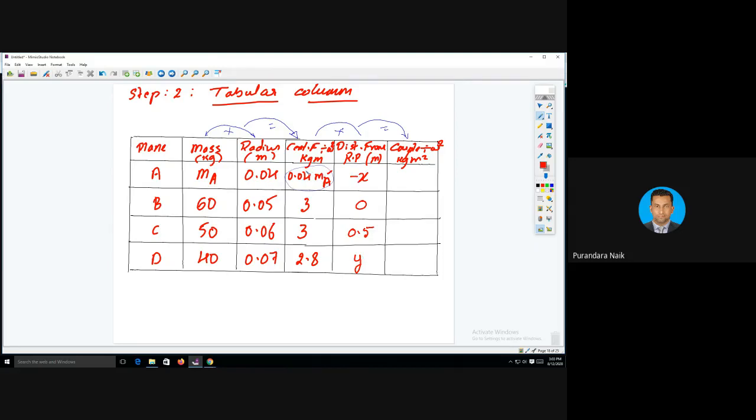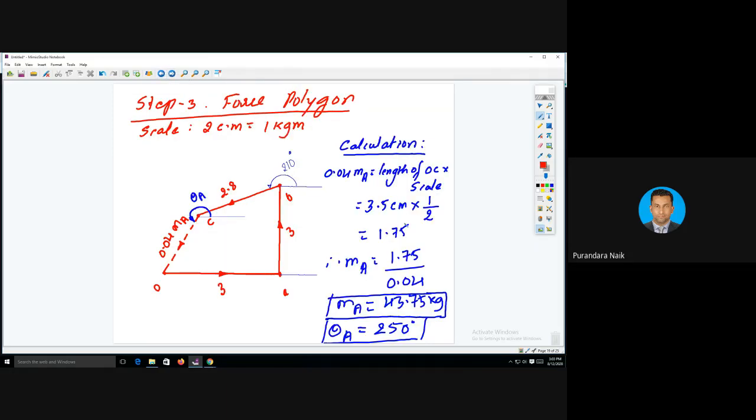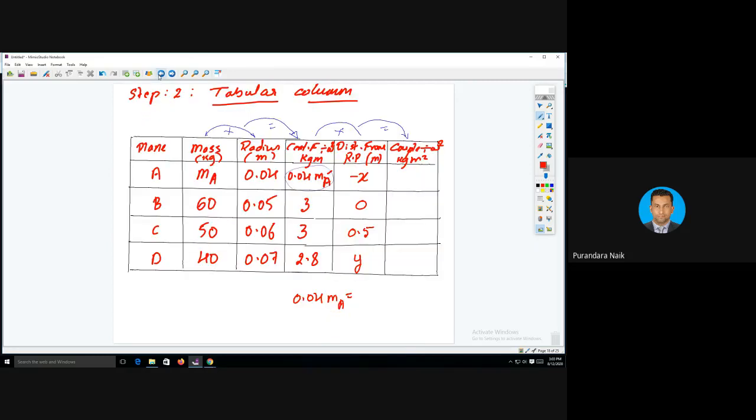Here, we'll get MA is known. What is the value of MA? According to the calculation, here 0.04 MA is equal to 1.75, into minus 6.